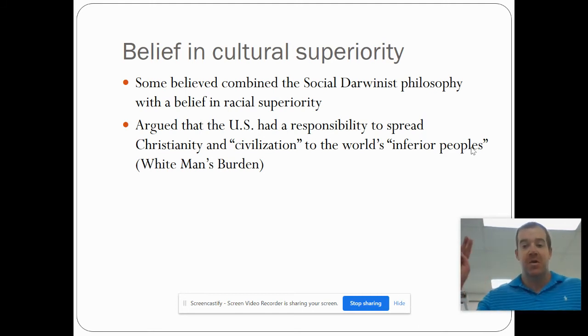Notice a lot of those things I put in quotations because just because some of these places, such as maybe Hawaii or the Philippines, didn't necessarily believe in Christianity, didn't mean that they weren't civilized. But that's what the United States tended to believe, that they weren't civilized. So we have to spread civilization and democracy to those people. It's called the white man's burden. That's the phrase we use for it.